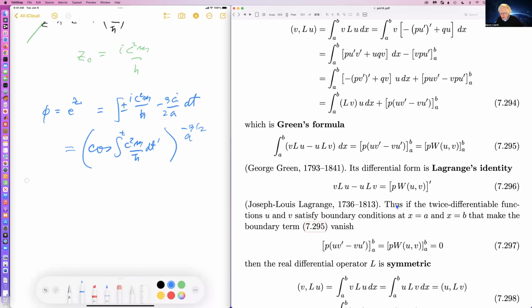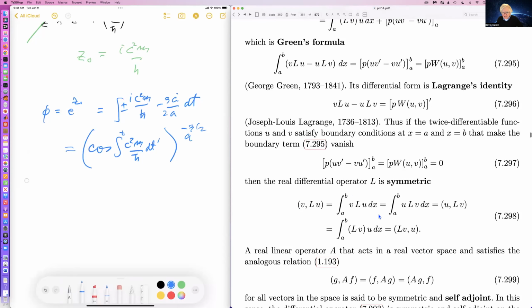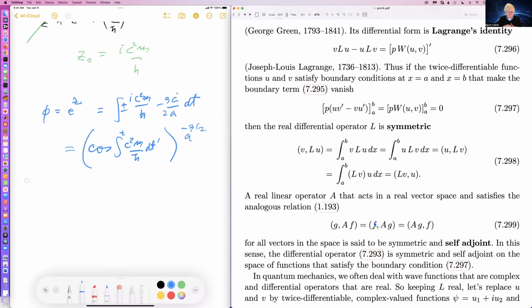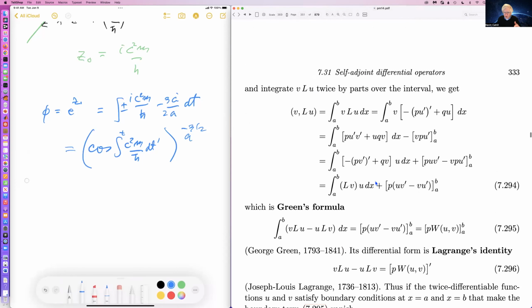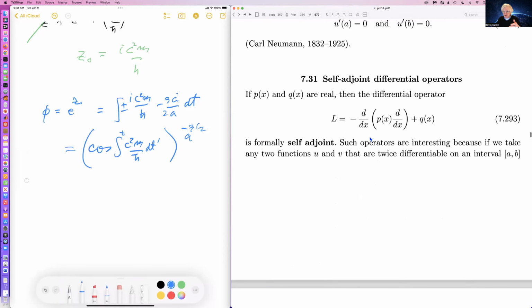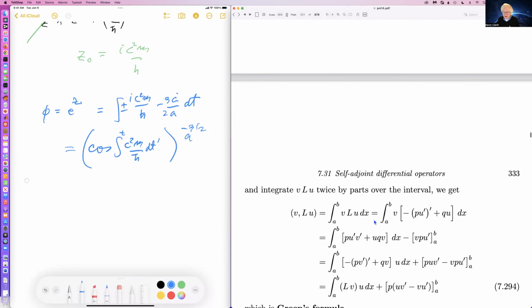So if we have twice differentiable functions that satisfy the boundary conditions and make the boundary term vanish, then the operator L is symmetric on these functions U and V. So the idea here is that you imagine you have a space of functions U and V, you have a differential operator whose form is self-adjoint, which is to say it looks like that.